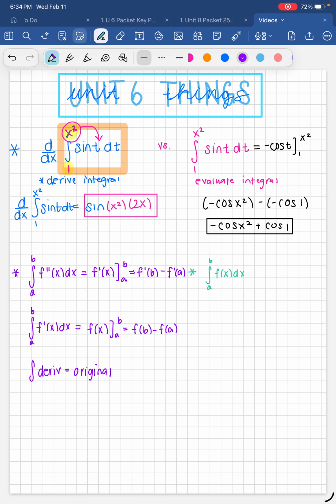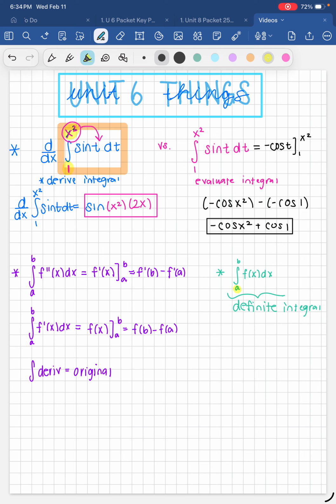Okay, next, a few things over here in green. This is called a definite integral because there are bounds. This is a definite integral. When I say bounds, I'm referring to the a and the b. Right here. There is no plus c with definite integrals. No plus c. You can see up here for this question right here, there was no plus c.